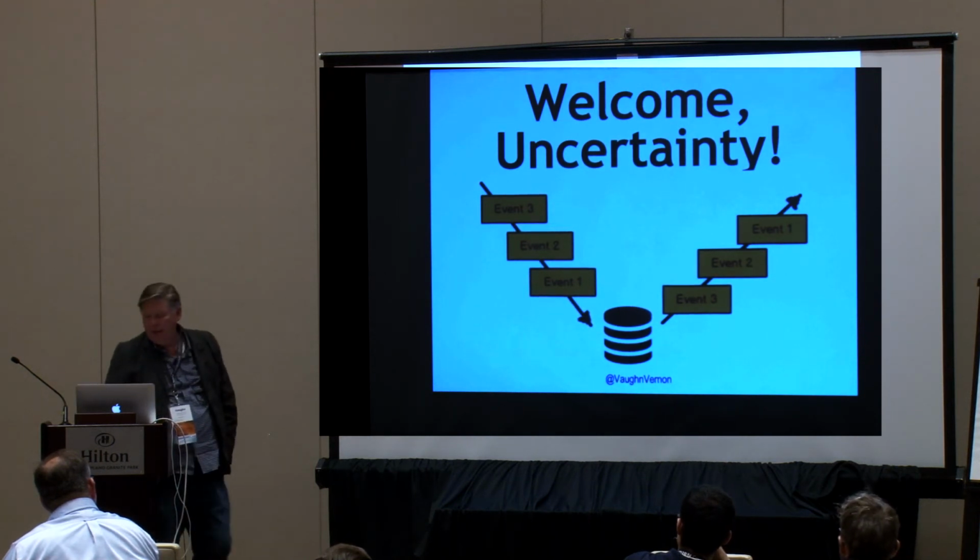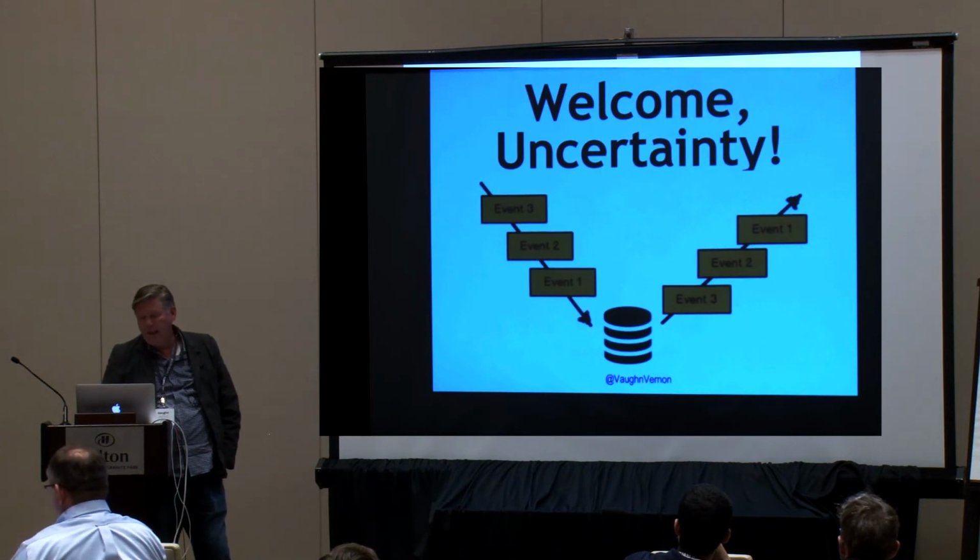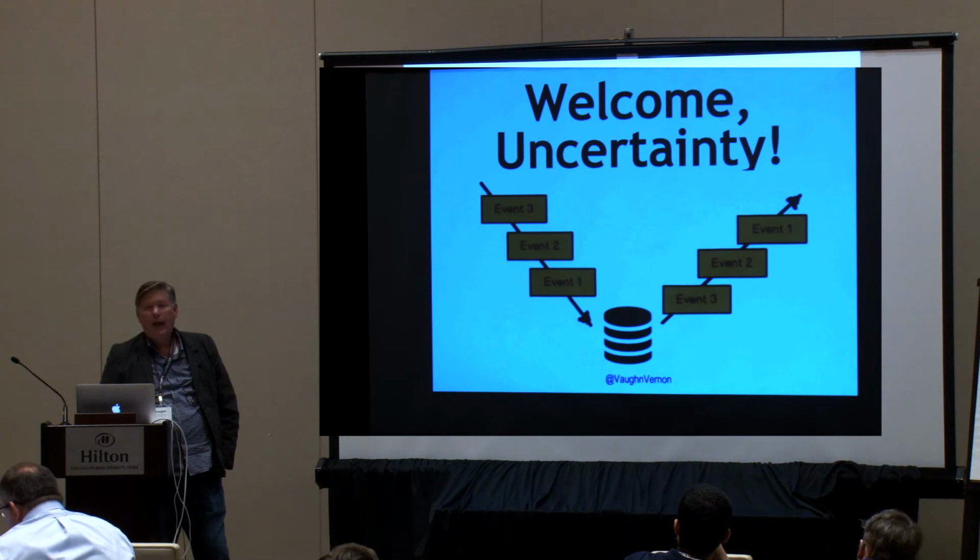I already mentioned the popularity of Kafka, and Kafka is a great tool, but they're trying to convince people that they have exactly once delivery. It's just not possible. After you get by all the sales material and you really ask the question, the answer is, well, sometimes.